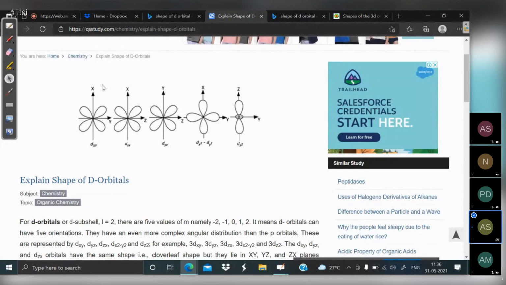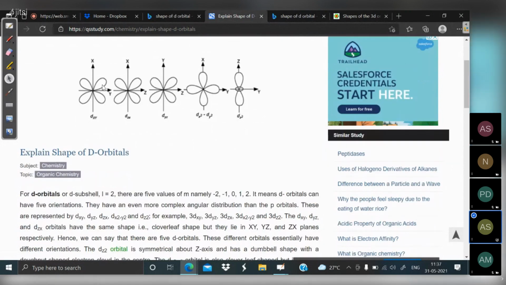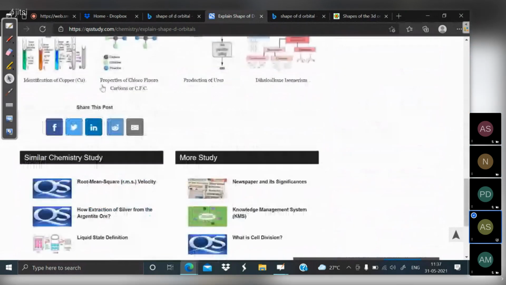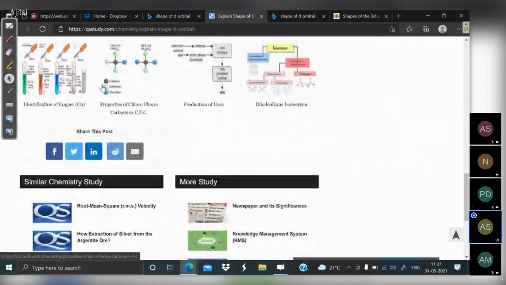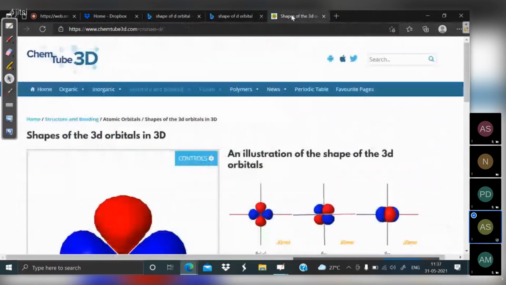You cannot see whether it is 3D or not. Everything is appearing like a 2D only. And moreover, they have not drawn one axis. This one is good. See, this is the d orbital.